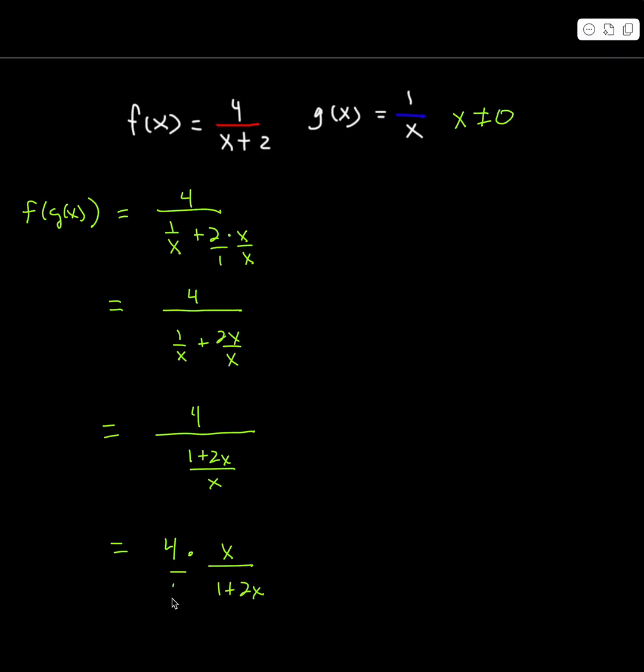Maybe slap a 1 under that 4 just to remind us what's going on. And so this becomes 4x over 1 times 1 plus 2x, right?